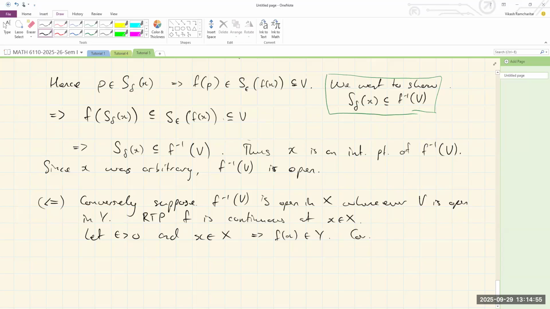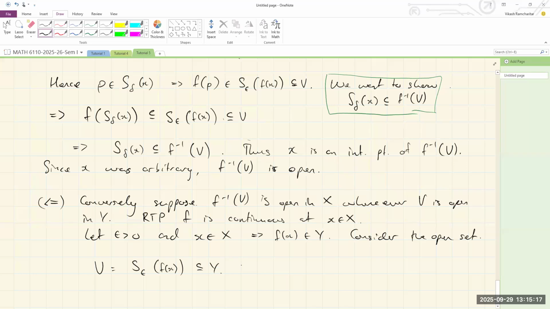So consider the open set. Let me make an open set; I'm going to call it V, because I know every open sphere is an open set, of this radius centered at this point. And that's obviously in Y, right?